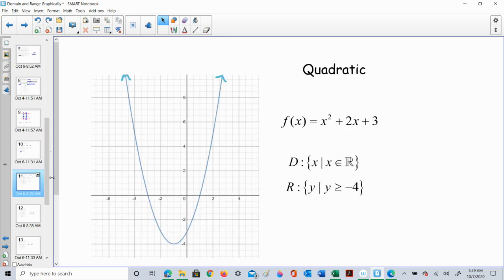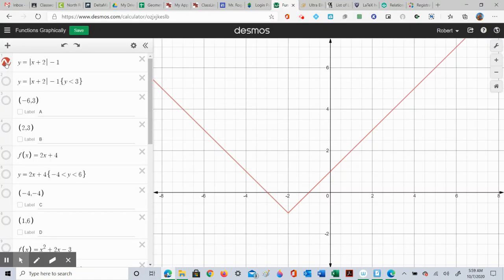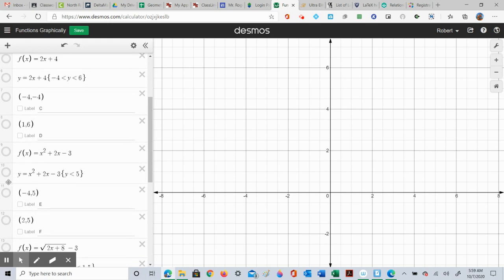Here's a quadratic function. The domain. In a quadratic function, the domain is going to be the set of all real numbers, just like that last one we looked at.